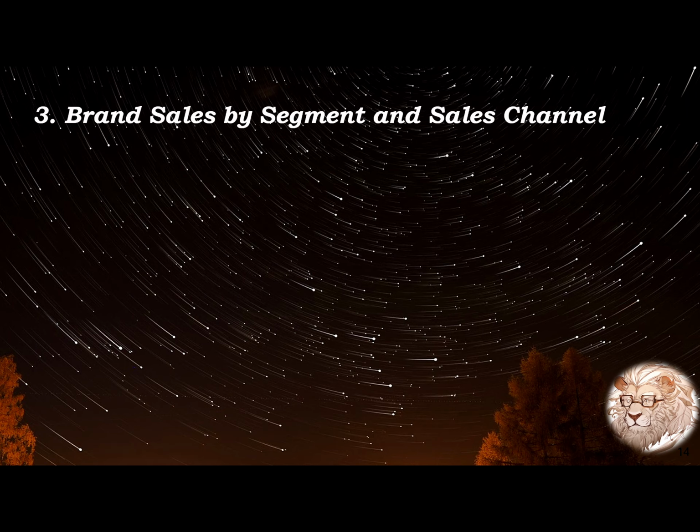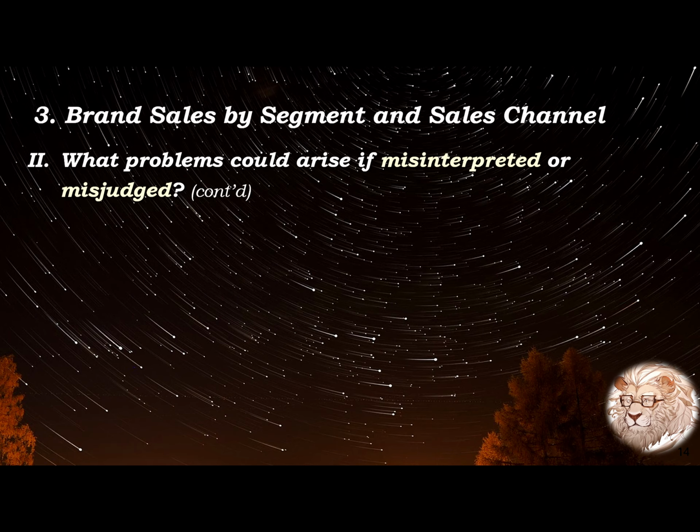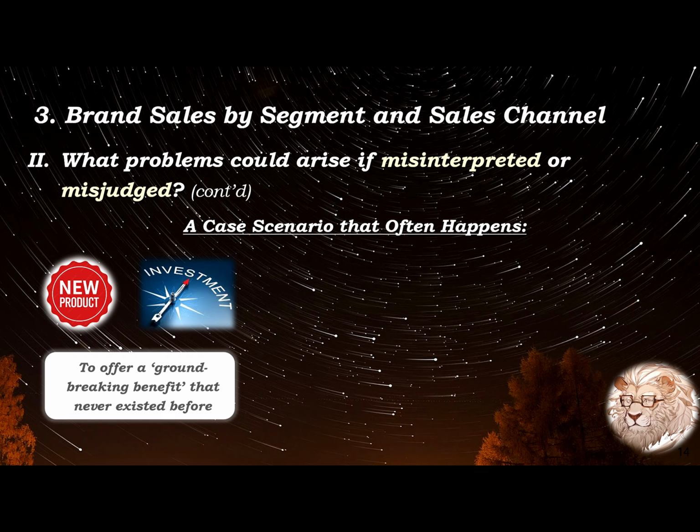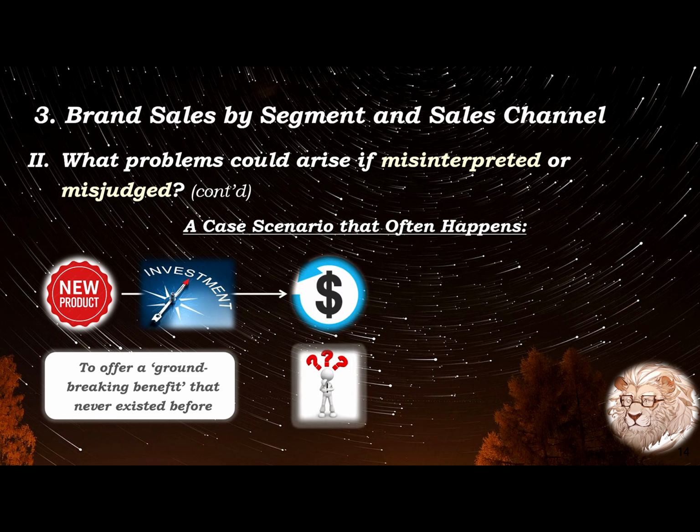Now, let's discuss a fictional brand strategy scenario in the fast-moving consumer goods industry. Please imagine the brand has decided to introduce a newly developed product. It offers a groundbreaking benefit, and the company is determined to bet its future on it, making a large-scale marketing investment. However, sales estimates are tough since it is a completely new type.